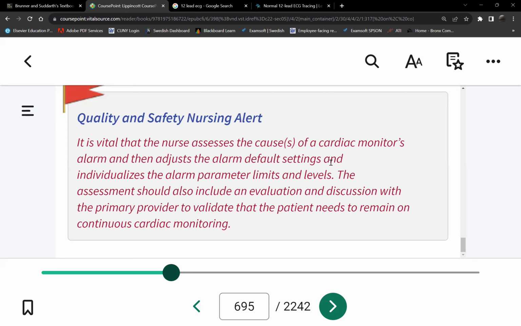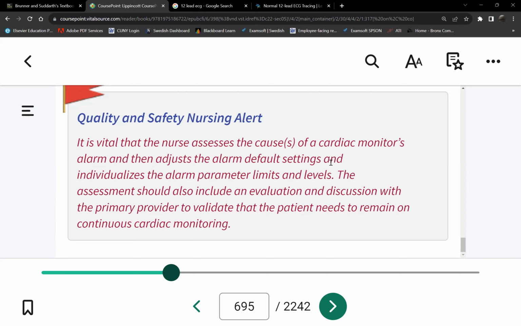So let's look at this alert here. Let's talk about alarms. Some patients will have abnormal rhythms regardless. They'll stay abnormal. A perfect example is atrial fibrillation. Patients will have chronic AFib. They'll never have a normal sinus rhythm. So will the machine ever stop alarming?